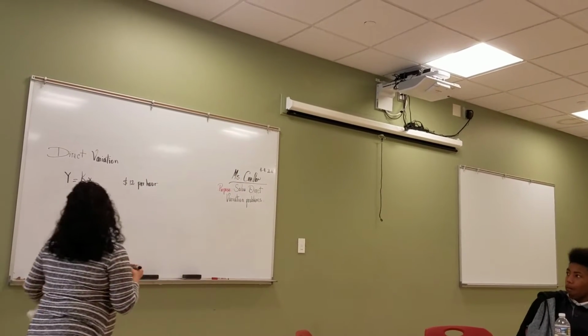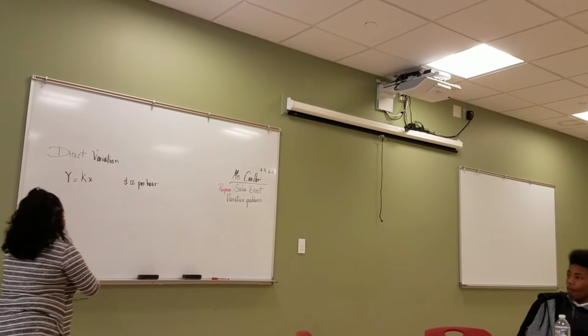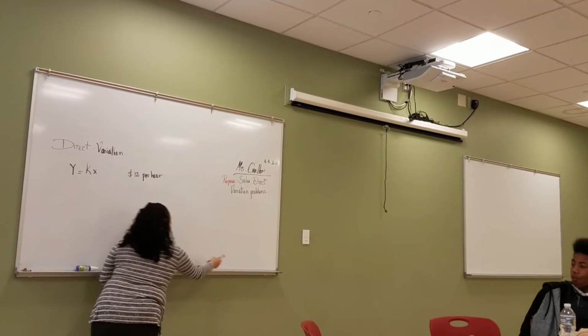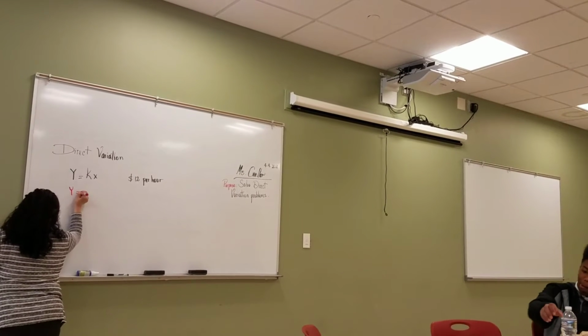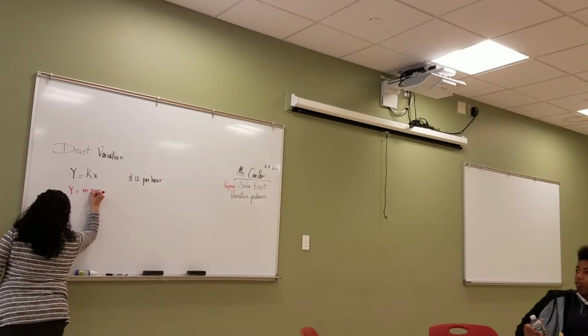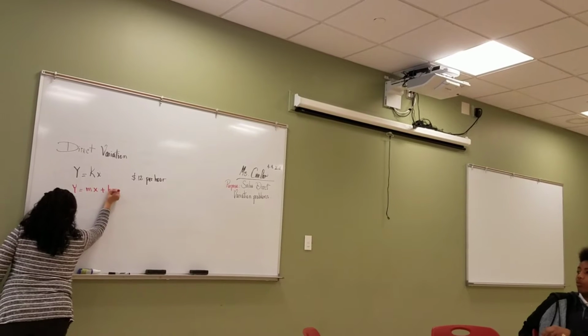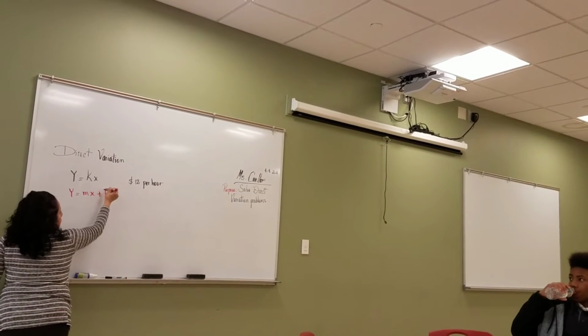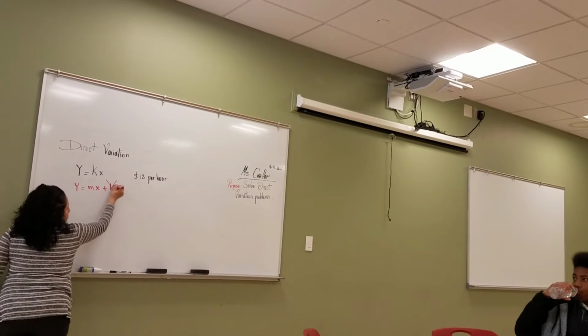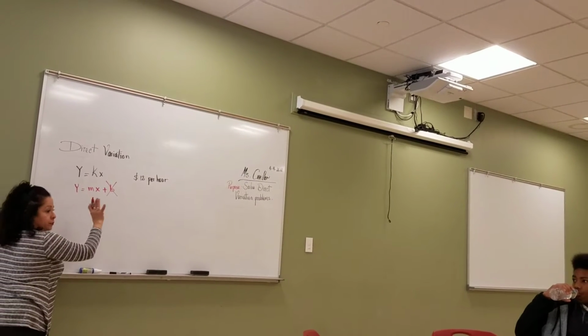And if we look at this, coming back to the equation of a line, we have something similar to y equals mx plus b. The difference is, in this equation, we're not adding b, or subtracting b.